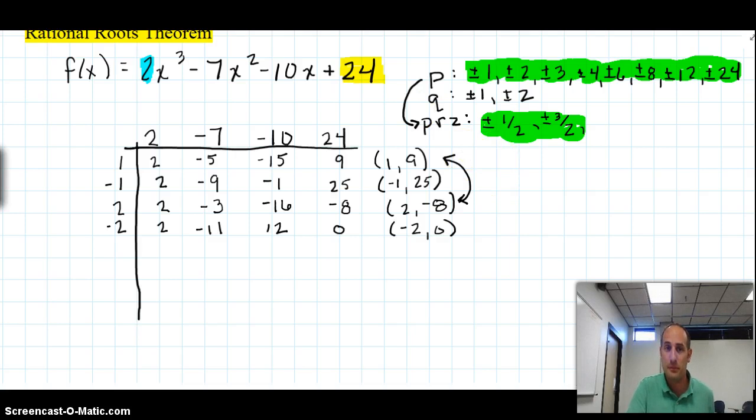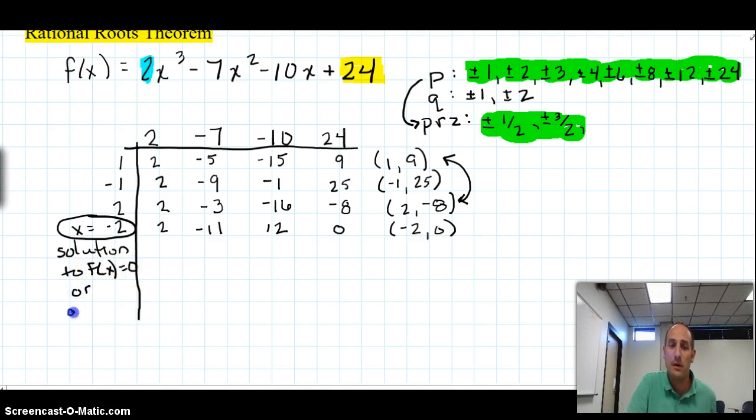What I'd like to do beyond that now, let's talk about what we've actually found. We have found that x equals negative 2 is a solution to f of x equals 0, or a root of f of x.